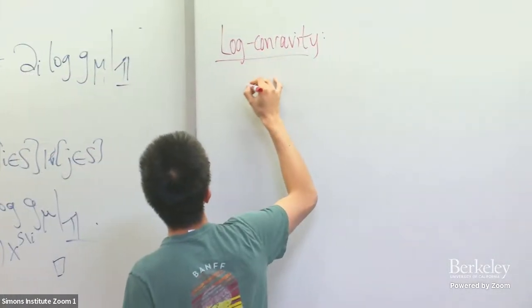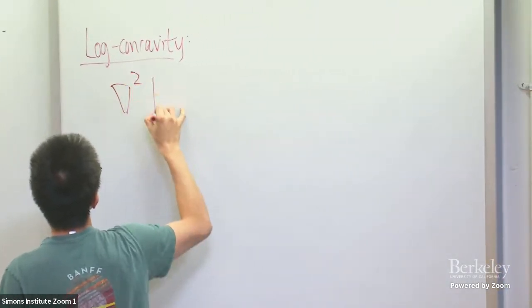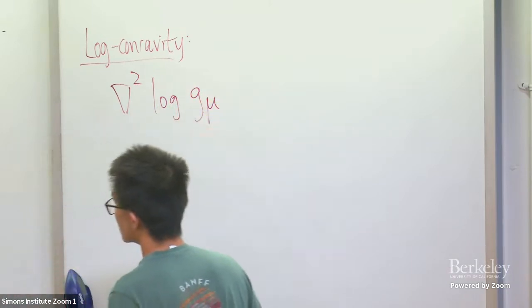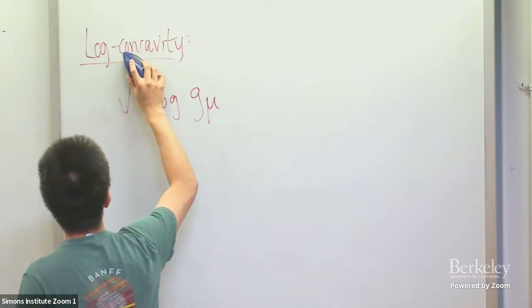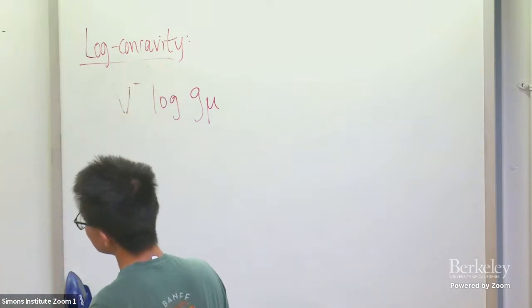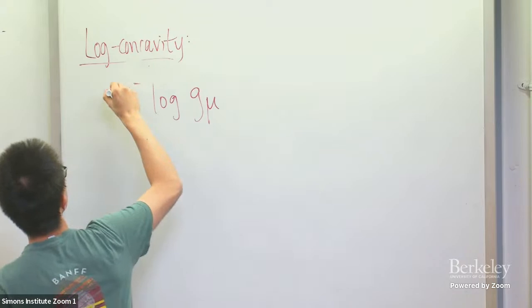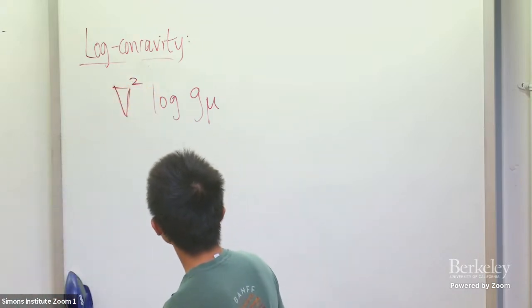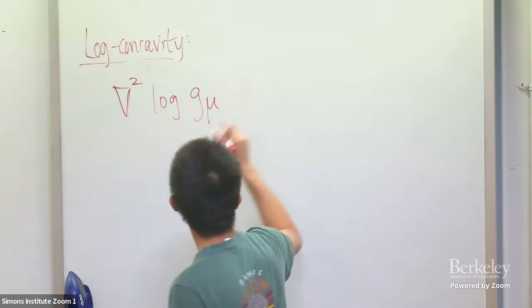It just means that I look at the Hessian of the log of the polynomial.